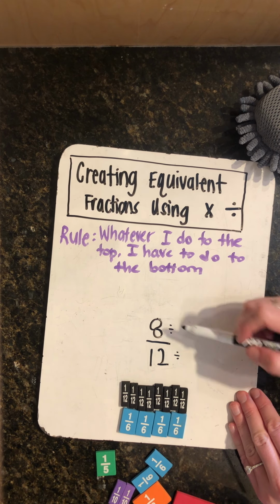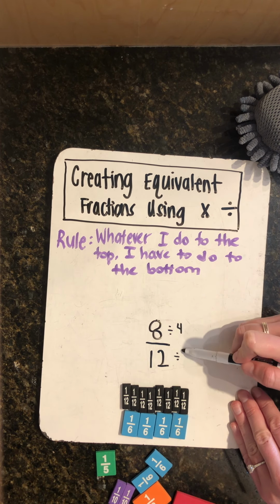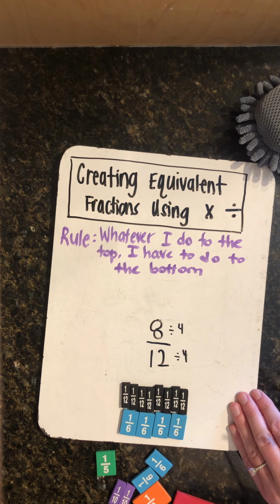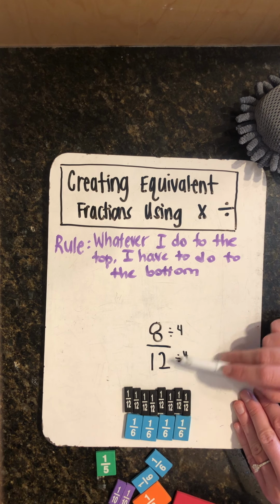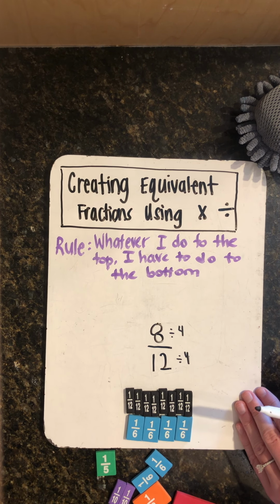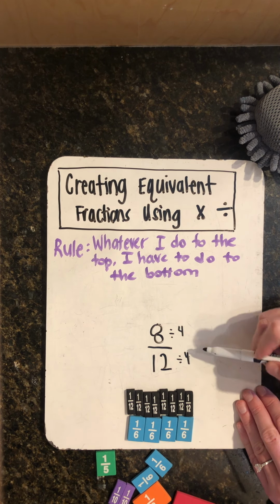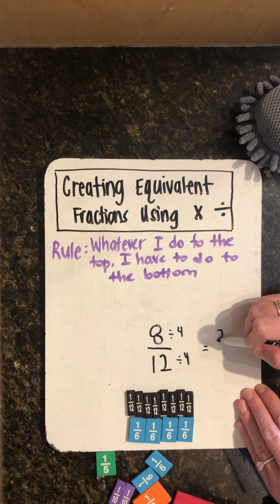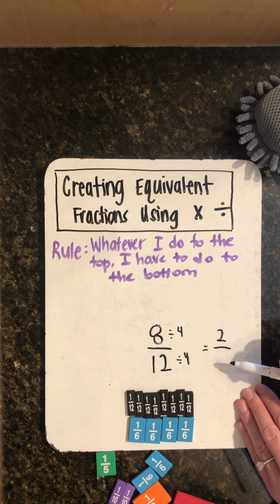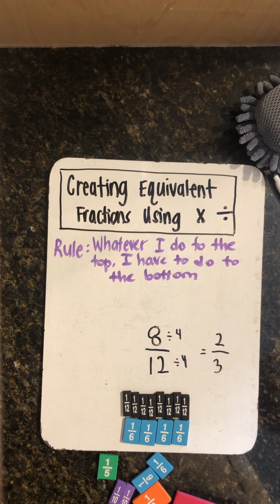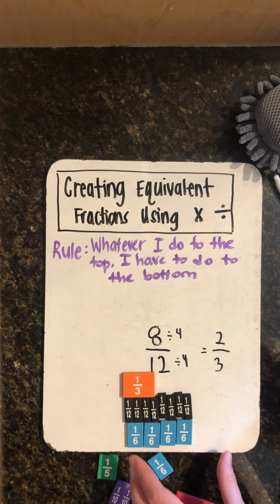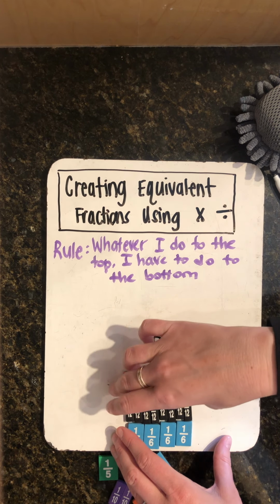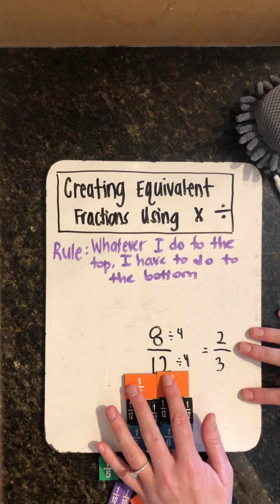Okay, I could divide the top and the bottom both by 4, right? And I can evenly do that. I only want to divide by numbers that I can evenly do without needing remainders. All right, 8 divided by 4 equals 2, and 12 divided by 4 equals 3. And I do have thirds to test this out. There's my 1/3. And there's my 2/3, and they are equivalent.